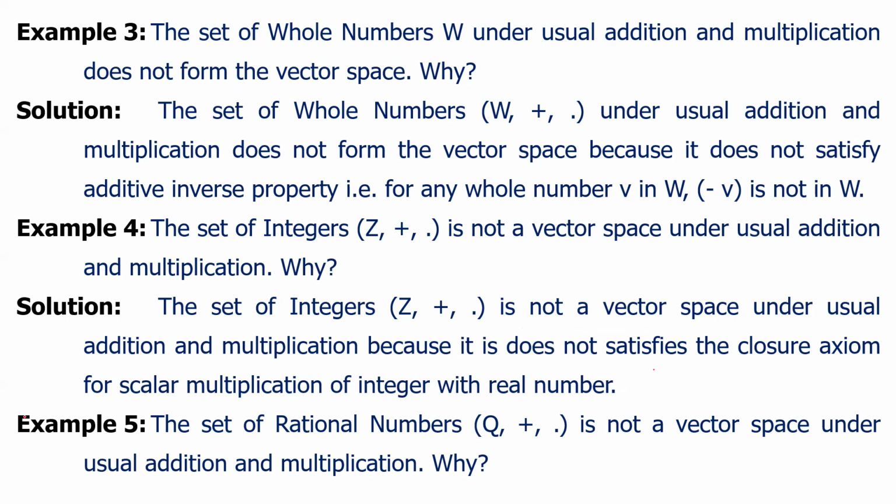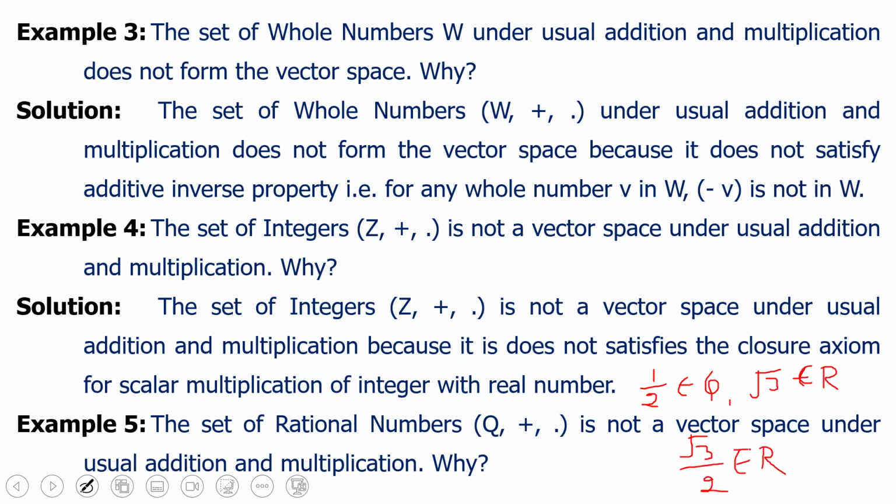Let us take 1/2 as an element of Q and √3 as an element of R. If you multiply these, √3/2 is an element of R, but it is not an element of Q. So it does not satisfy the closure axiom for scalar multiplication with a real number. Therefore, this is not a vector space under usual addition and scalar multiplication.